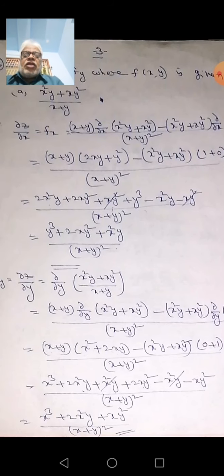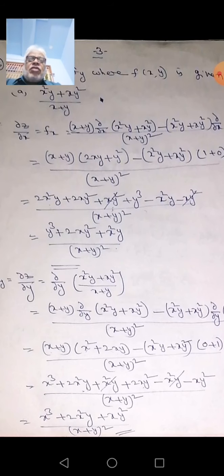If you simplify it: 2xy into x is 2x square y, 2xy into y is 2xy square, y square into x is xy square, y square into y is y cube.